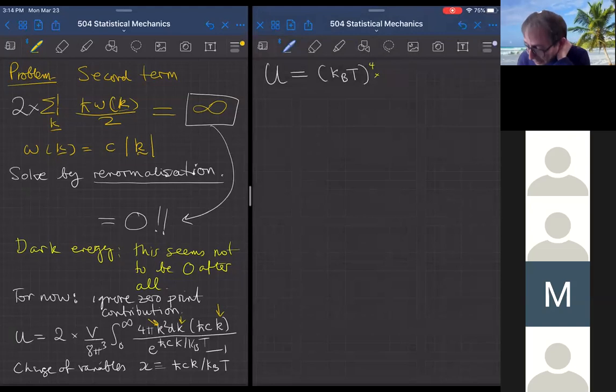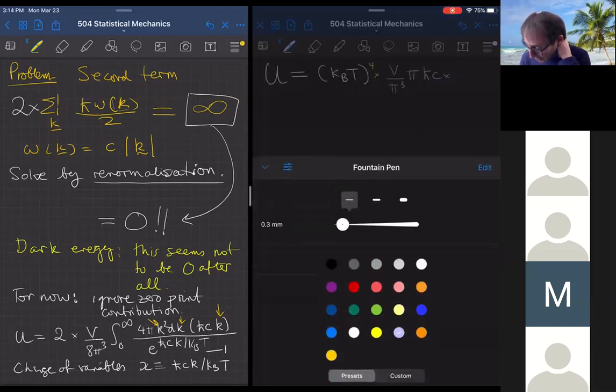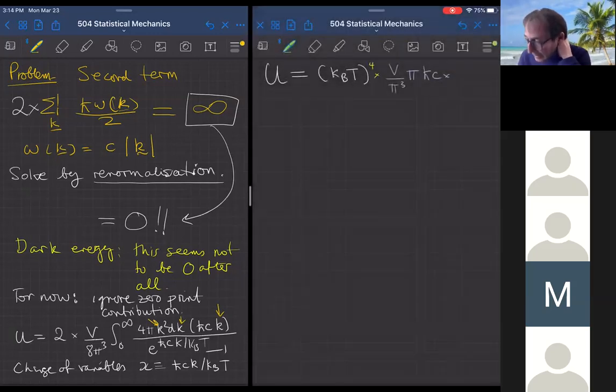So they turn out to be V over pi cubed times pi h bar c, and then we have the integral that we have to do. That integral is just a number, which happens to be the integral from 0 to infinity of x cubed dx over e to the x minus 1. And again, you can work out what that number is.